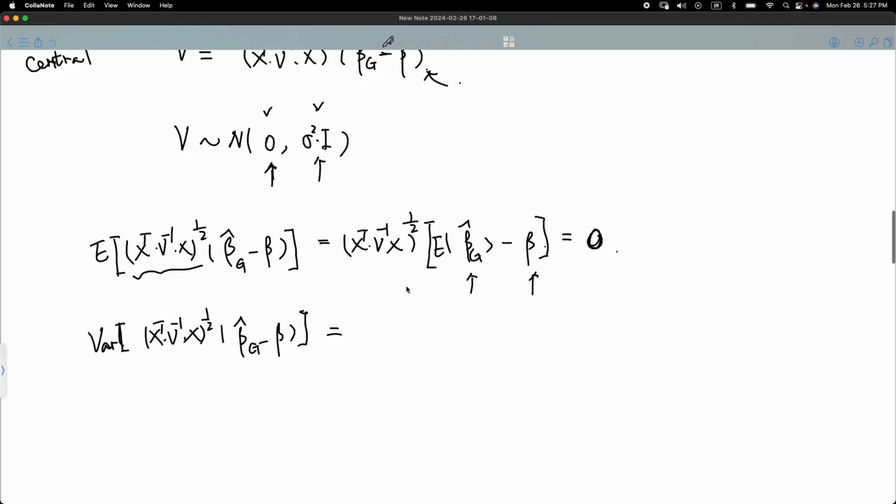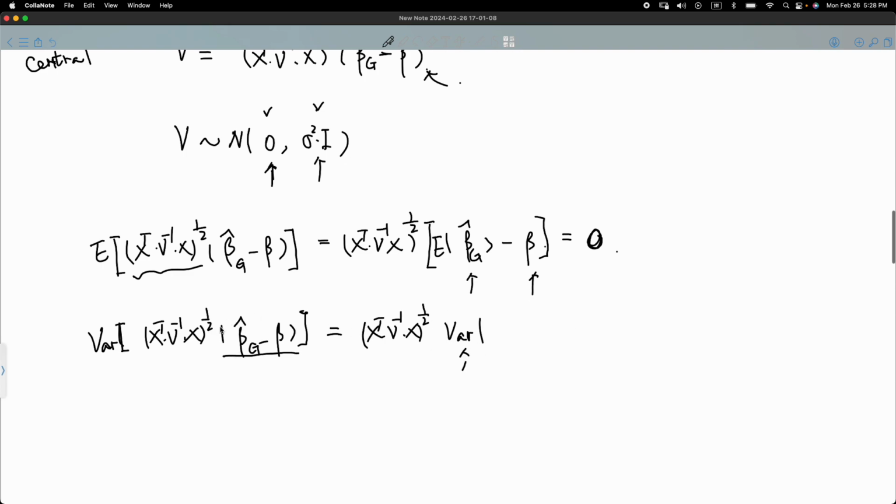Okay, so now you just need to perform a similar operation as what we did before. So we have X transpose V inverse X to the 1/2, and then the variance of this thing here. And here I'm going to comment that because the beta is a true value, or a constant, when you subtract a constant from a random variable, it does not affect its variance.